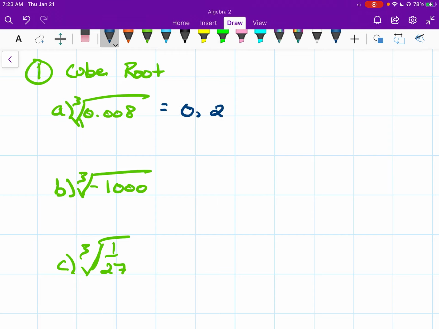And I don't have to worry about a plus or minus there because negative 0.2 would give me negative 0.008, right? Now for negative 1,000, that's going to be negative 10. 1 over 27, the root can break up over the fraction bar, so I have the cubed root of 1 and the cubed root of 27, so I have 1 over 3.